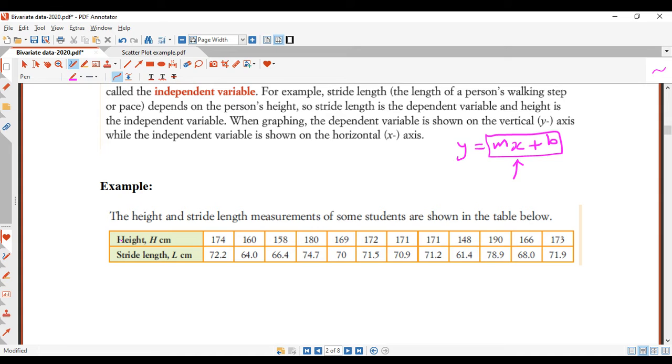Well, I think stride length is going to depend on height. So stride length is your dependent variable. So if you like, you can say that's your vertical axis variable. And height is the independent variable. That's your x values, if you like. Okay. So stride length is the dependent variable in this one.